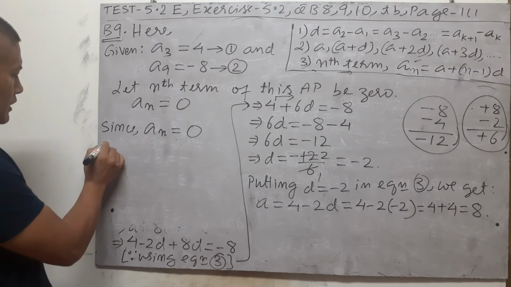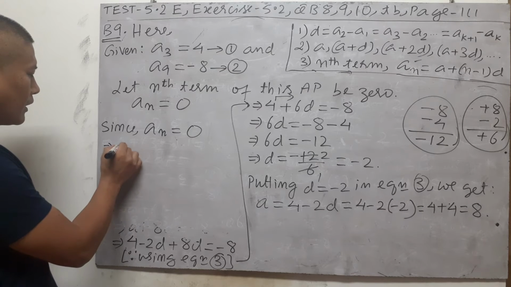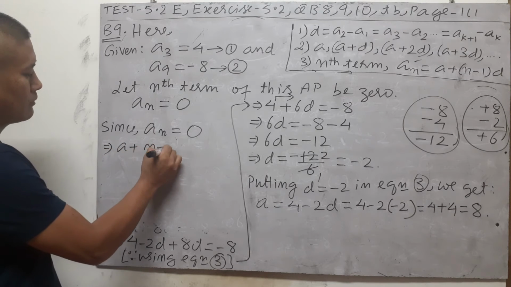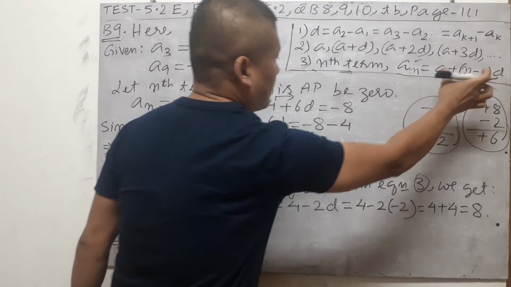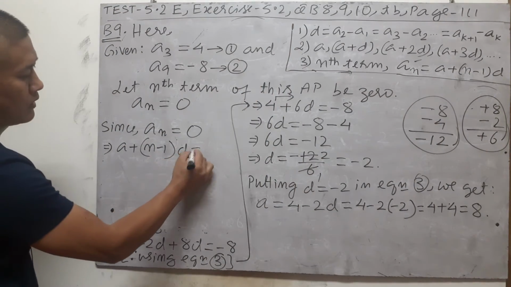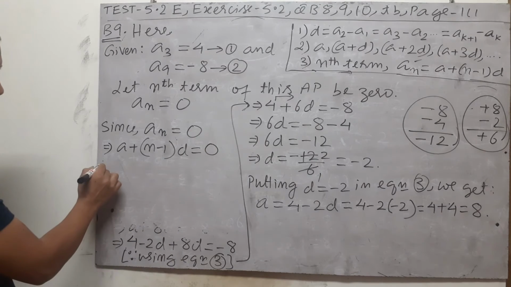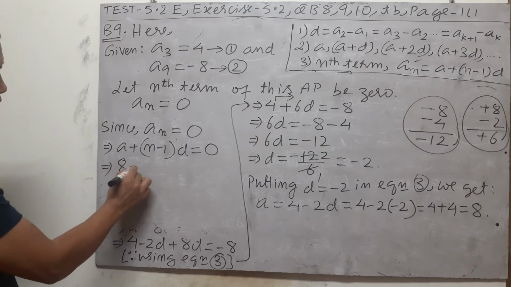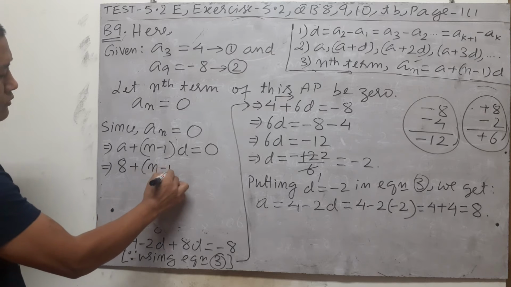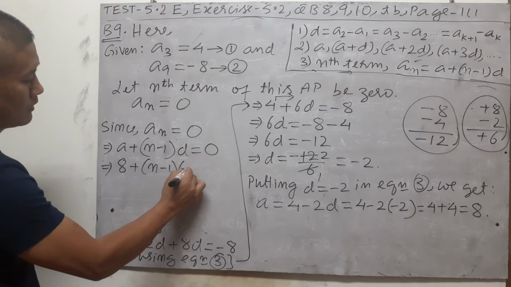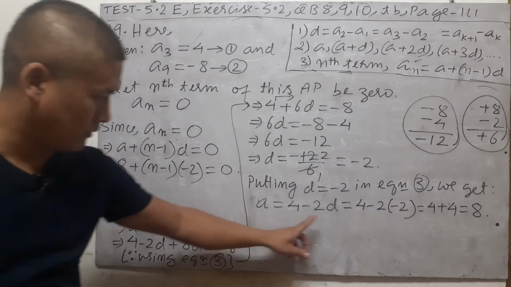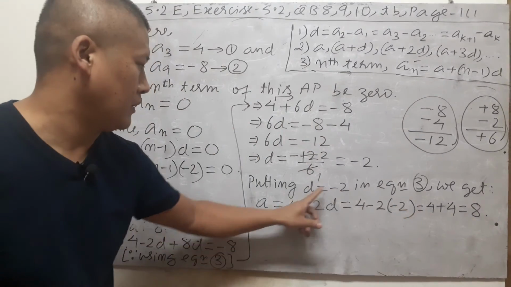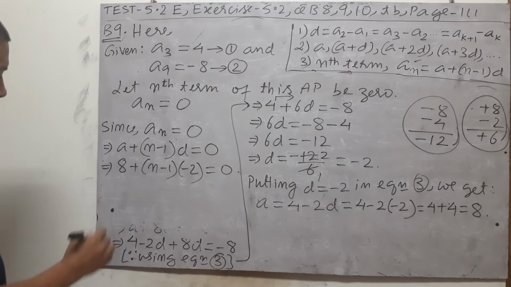So applying this formula, an equal to a plus n minus 1 into d. We have put this equal to 0. The a value we just got is 8, plus n, which we don't know yet, n minus 1 into d, which is minus 2. As you can see, a equal to 8 and d equal to minus 2.